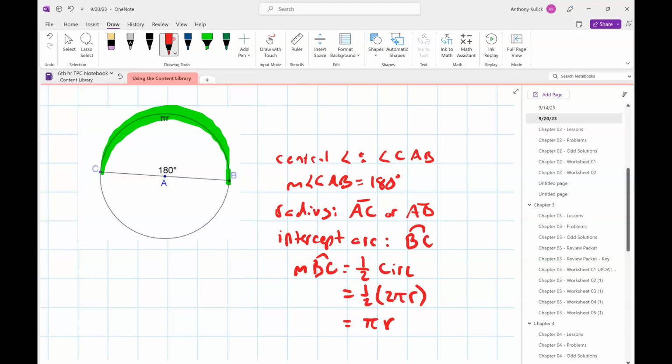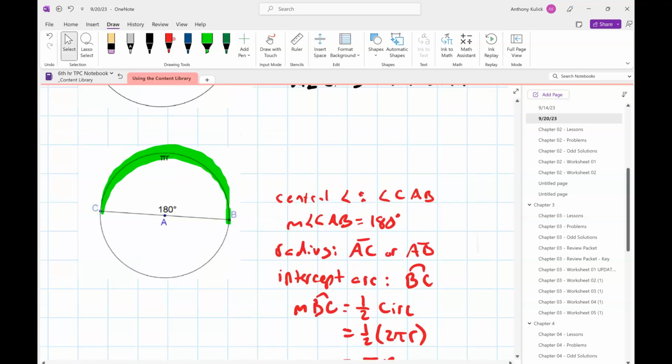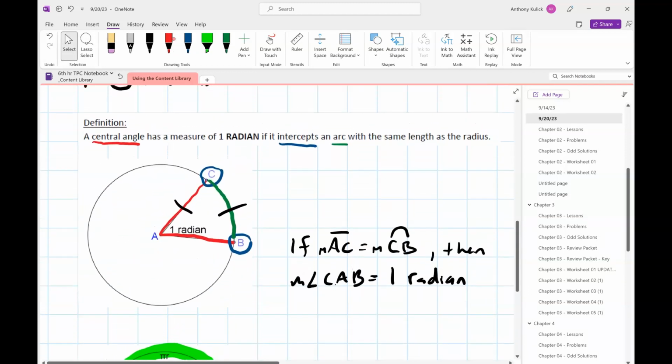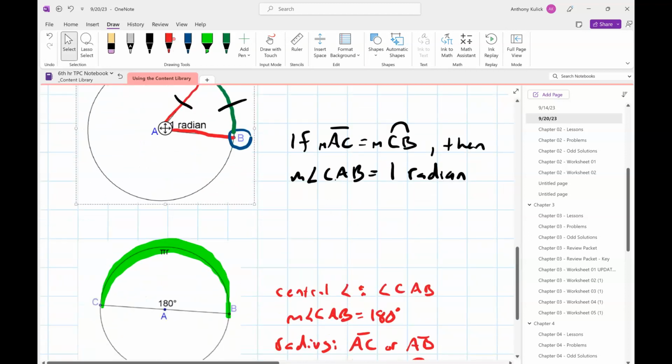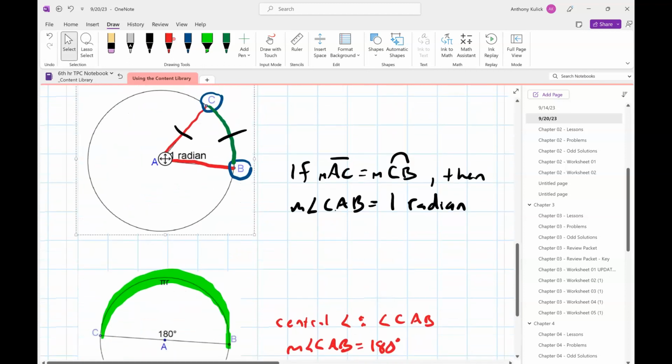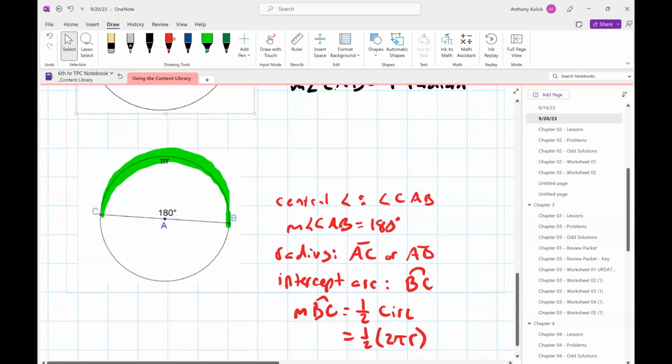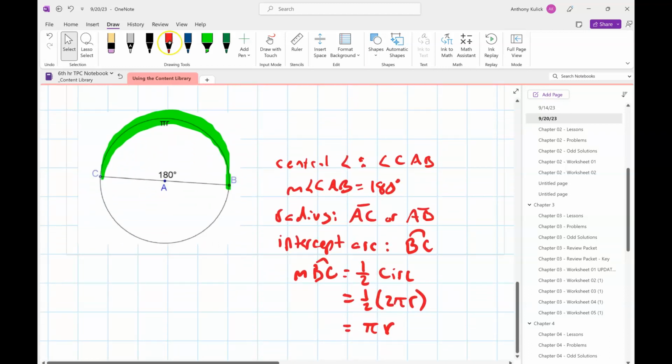So, remember our piece before, that if the radius is equal to the arc length, then our angle is 1 radian. Everybody's okay with that? So here our radius is r.